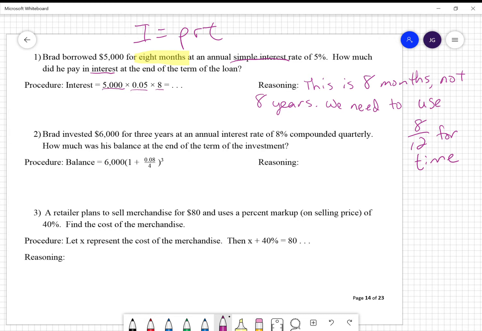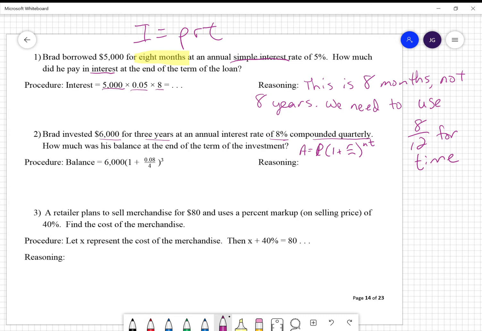Okay, next example. Brad invested $6,000 for 3 years at an annual interest rate of 8% compounded quarterly. How much was his balance at the end of the term of the investment? So compounded. So the compound equation.